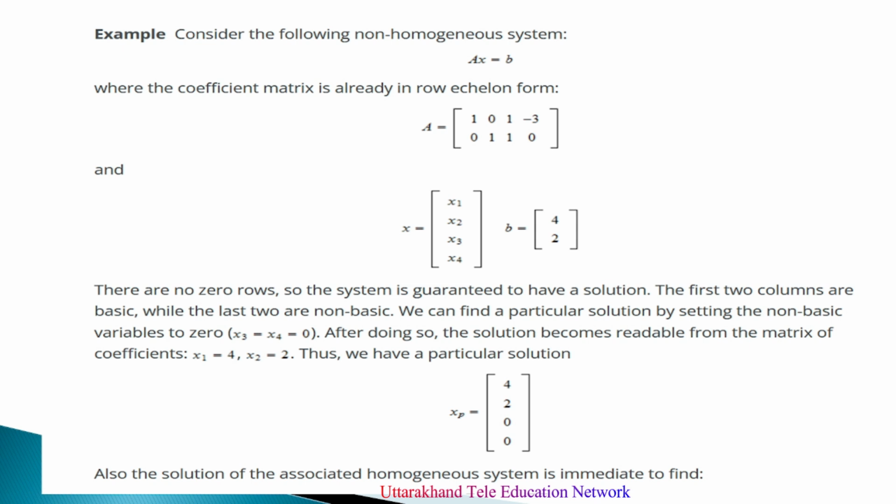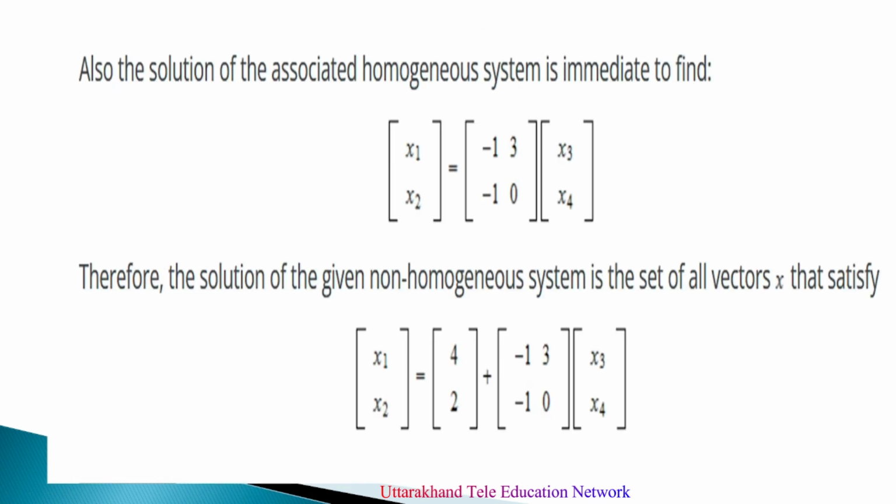Let's see. The solution of the associated homogeneous system is immediate to find. The solution of the associated homogeneous system is like x1, x2, and it comes in the matrix, because what was positive on the left-hand side turned to the right and has become negative, and the rest of the variables.